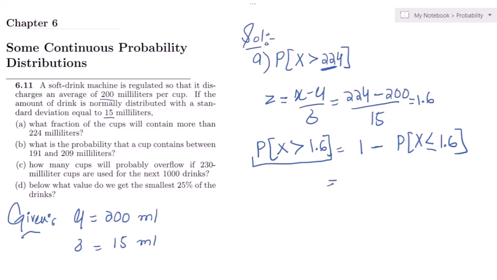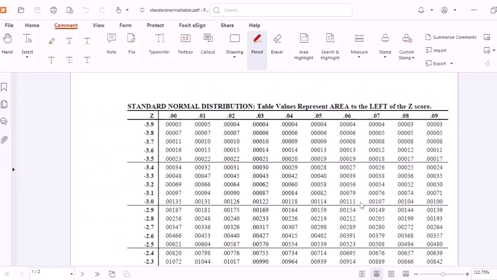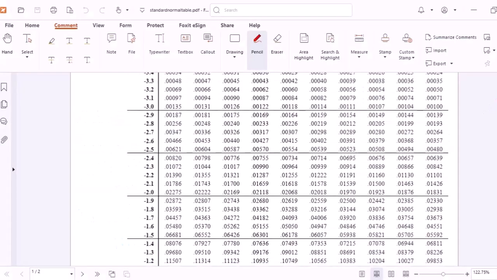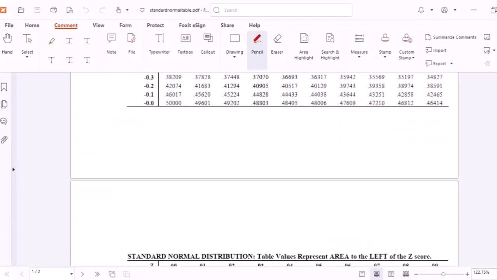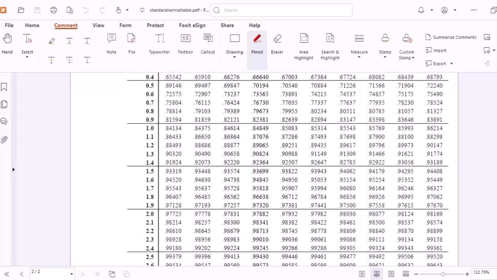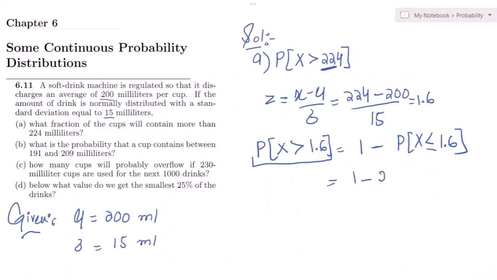Let me move to the z table, and here the value 1.6 is in the first column, because this is 1.60. So the value we have is 0.9452.